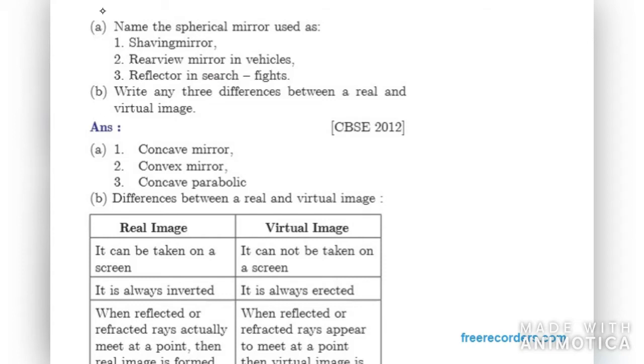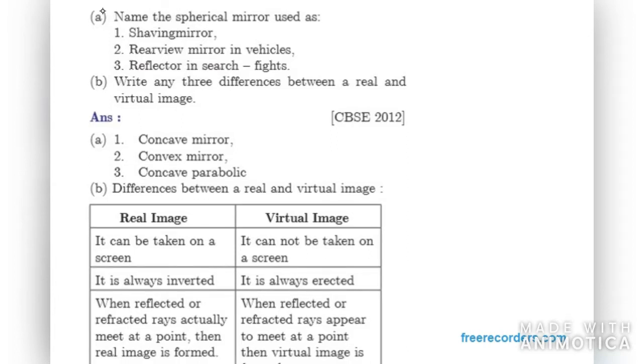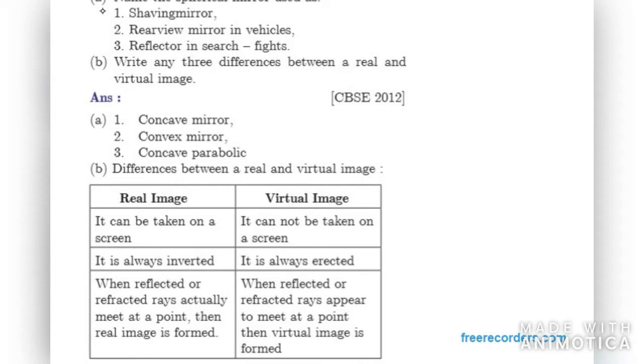B part of the same question says, write any three differences between a real and virtual image. This is very important, so you should know what is a real and virtual image. A real image can be taken on a screen, whereas a virtual image cannot be taken on a screen. If you get the image on a screen, then it is real.